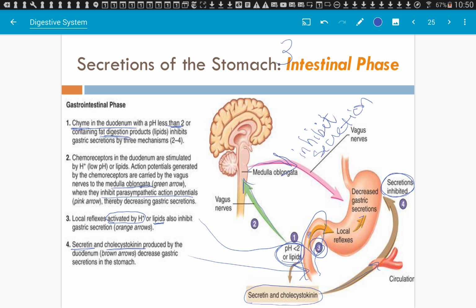And then lastly, if the pH is still too low and there's lipids in there, the duodenum itself secretes secretin and cholecystokinin, which travel in the bloodstream back to the stomach and tell it to inhibit gastric secretion. So there's three different mechanisms that are inhibiting the secretion of those acids and those strong enzymes, so that once the chyme is in the duodenum, it's not going to damage the duodenum and further digestion can occur.